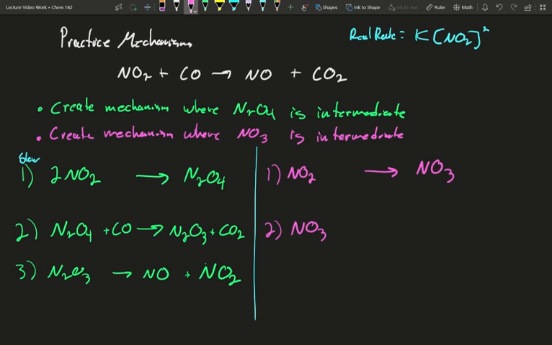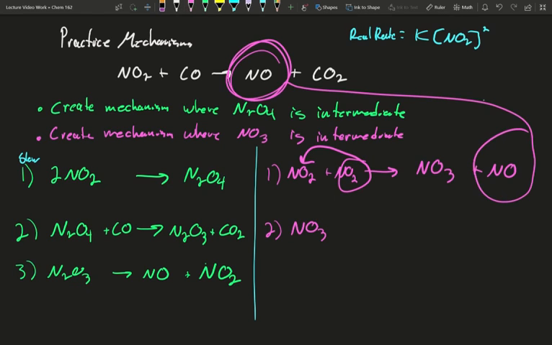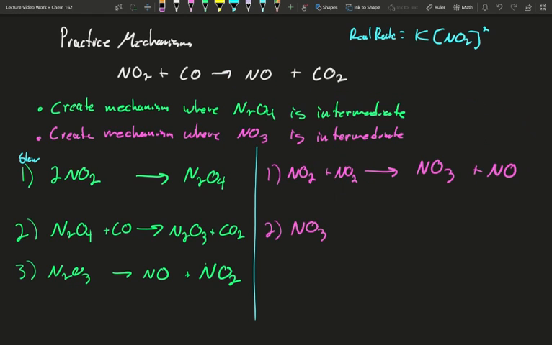Well, if I try to take oxygens off of carbon, I'm headed the wrong direction. But what if I stole one from another NO2? One of these oxygens pops over. That'd give me an NO3 and an NO. So I've actually made one of my products. I know I want NO. What if I just take one of the oxygens off and put it onto the other NO2? Result would give me an intermediate of NO3.